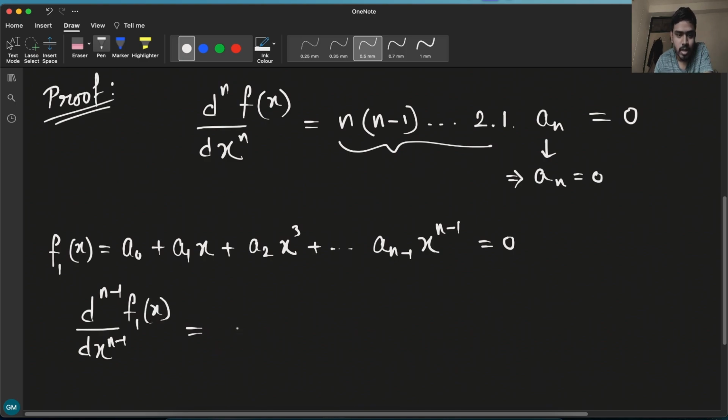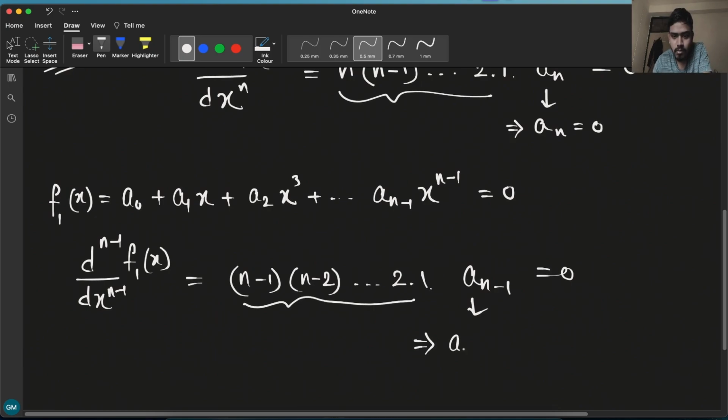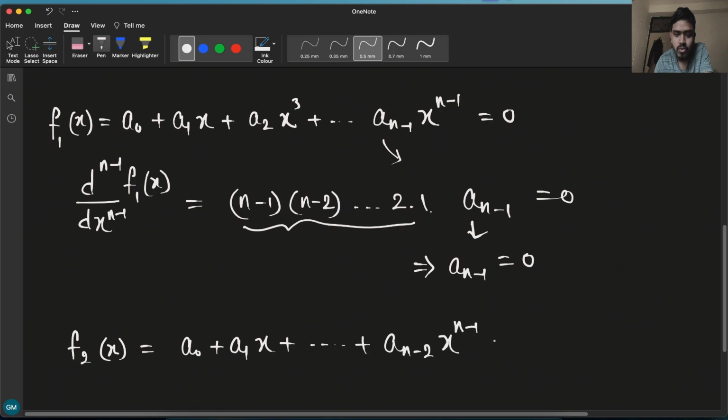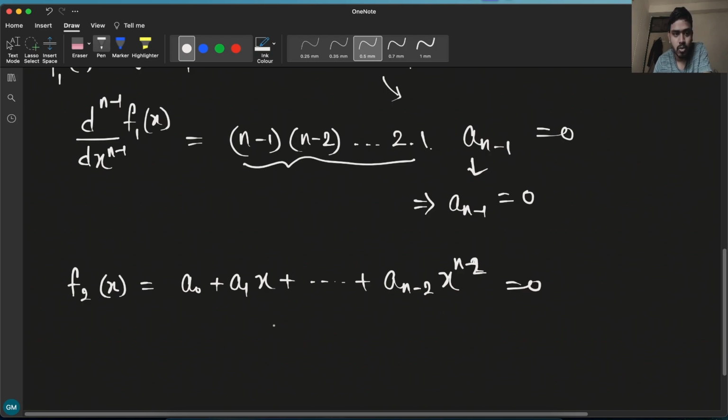In that case you will get some n dependent factors like n minus 1, n minus 2, dot dot dot 2 times 1, times a n minus 1 equals 0. This factor cannot be 0, so a n minus 1 equals 0. Now you are left with f2 of x, which is a0 plus a1 x plus dot dot dot plus a n minus 2 x to the power n minus 2 equals 0. Then again you take the n minus 2th order derivative and show that a n minus 2 equals 0.